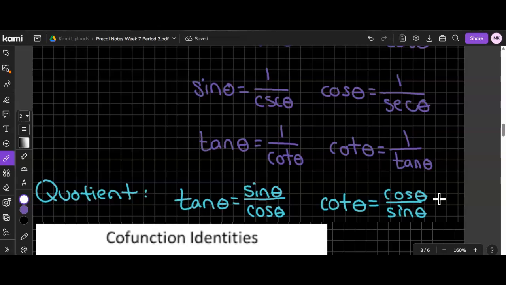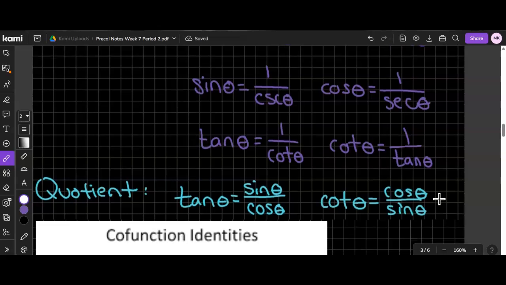Now, a few more identities that will help us in using sine, cosine, and tangent are the cofunction identities. Think about how we have sine and cosine, secant and cosecant, tangent and cotangent.